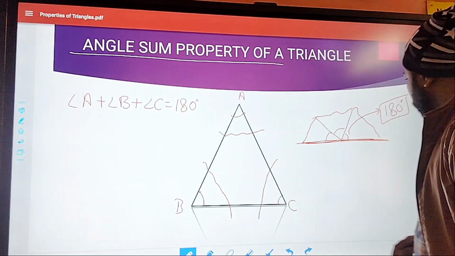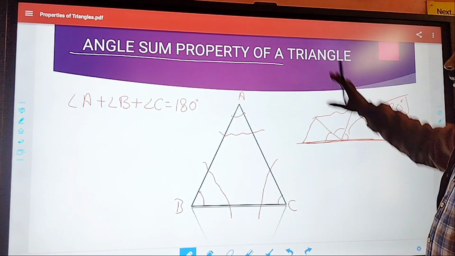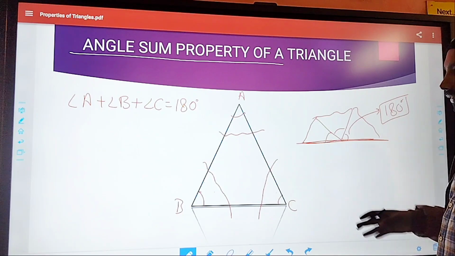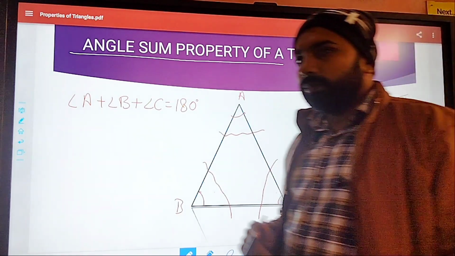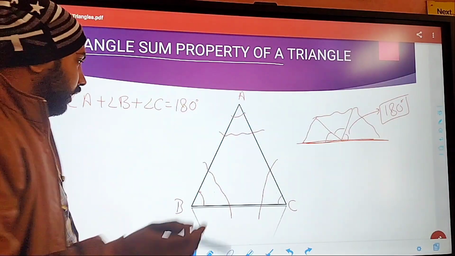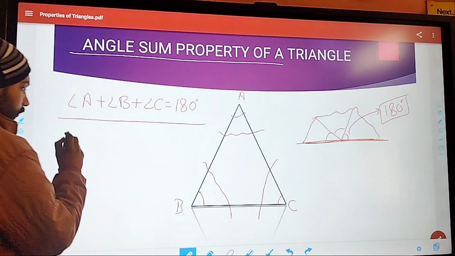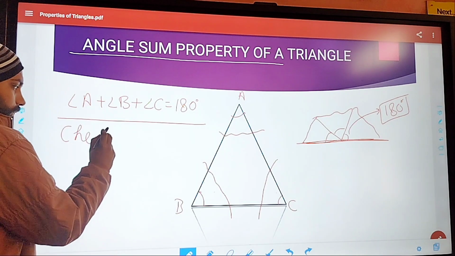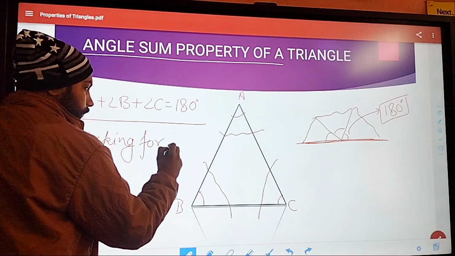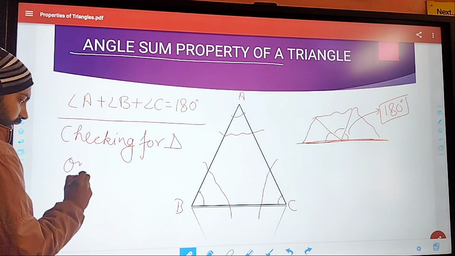Okay? Now this is our angle sum property. It will be used in most of the questions whenever you have to check if a triangle can be formed on the basis of angles.